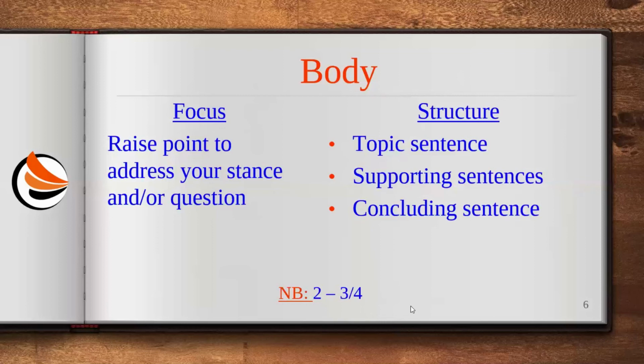It could be consequently, it could be therefore, it could be to make this work. Whatever it is that you want to highlight in the concluding sentence, it should, however, relate back to the topic sentence that you have. So you're having this structure for every body paragraph that you create in the essay that you're writing.